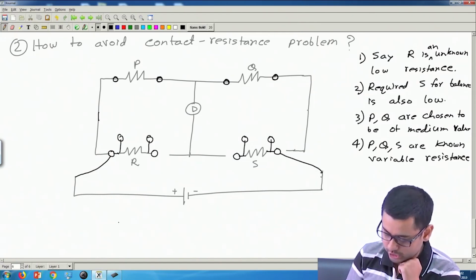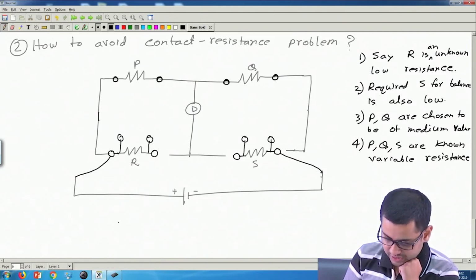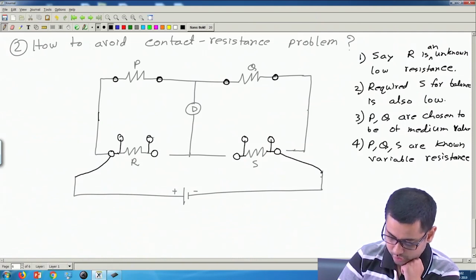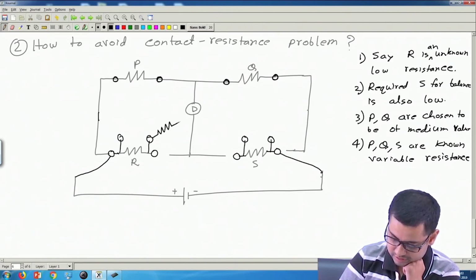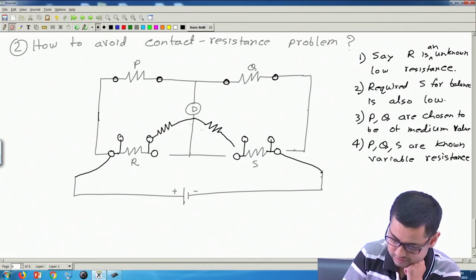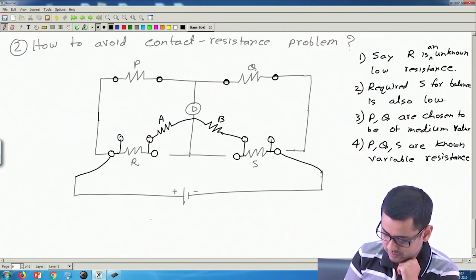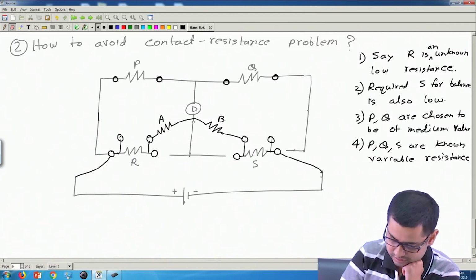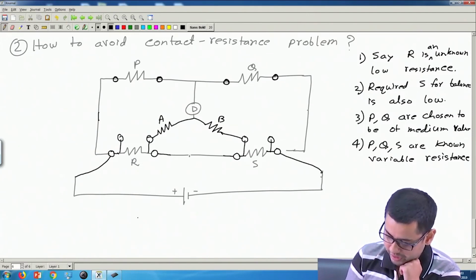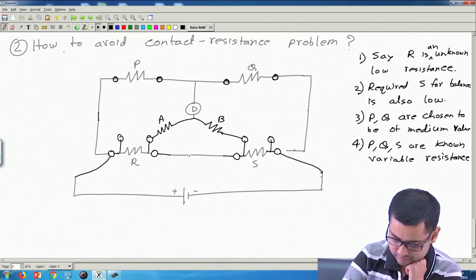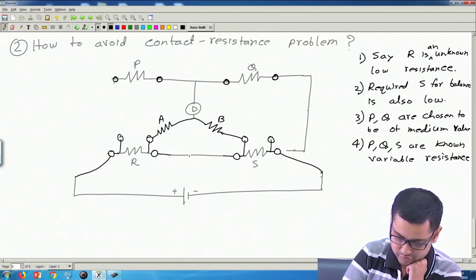Okay, so we will essentially use Kelvin's double bridge. And so what we will do, we will connect 2 more resistances, A and B, okay, and this we will short, okay, and we'll connect it here.